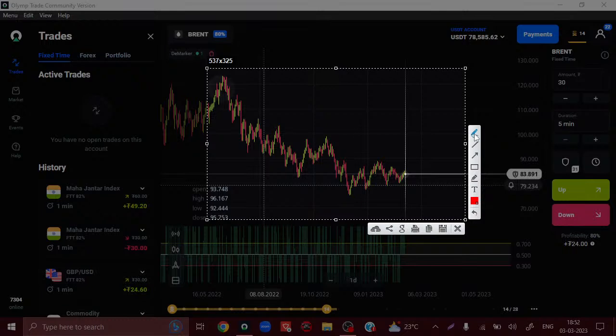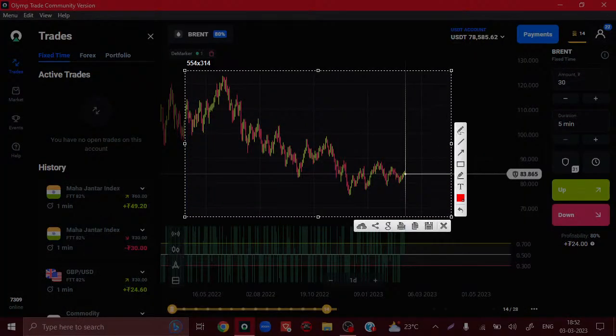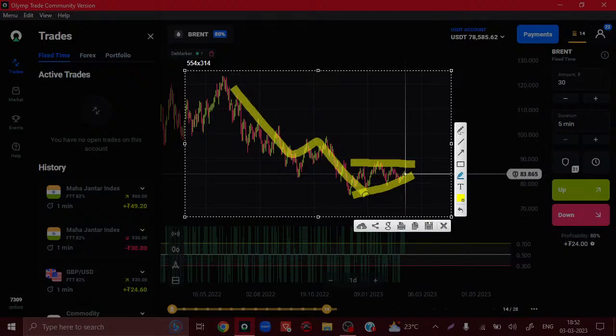The trend is a downtrend, and in a downtrend, this rising wedge is appearing. This is how it is. In a downtrend, if it gives us a breakout here of this particular level, then we can expect a further upside movement. So a rising wedge in a downtrend is a reversal pattern.